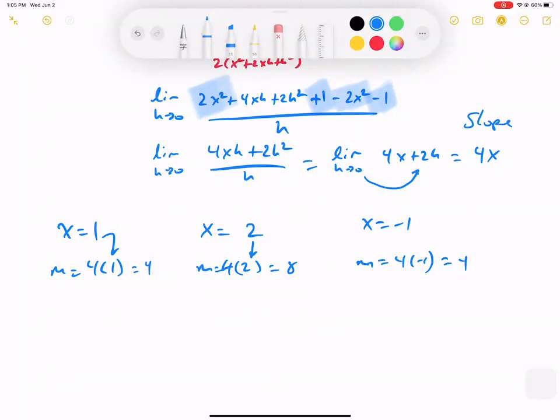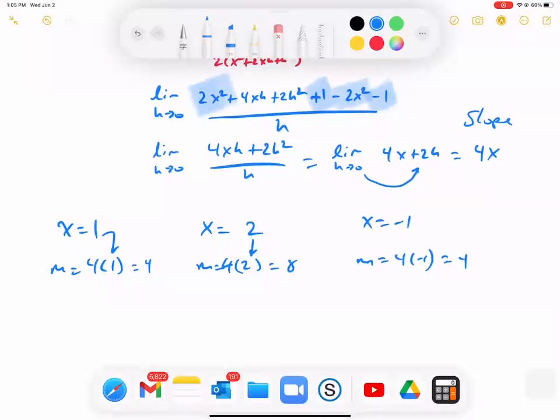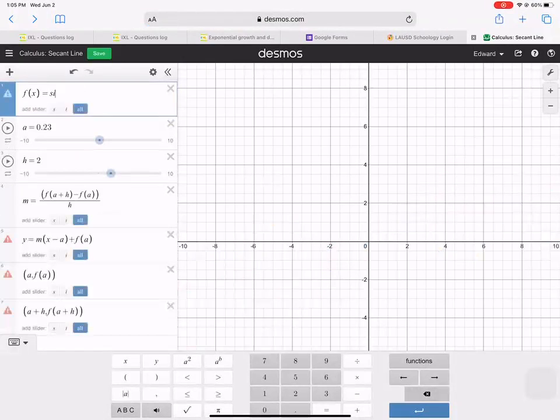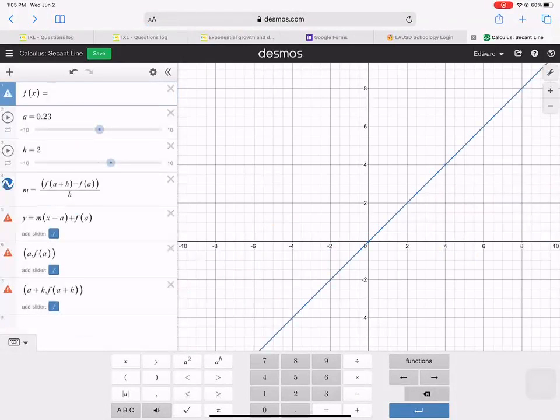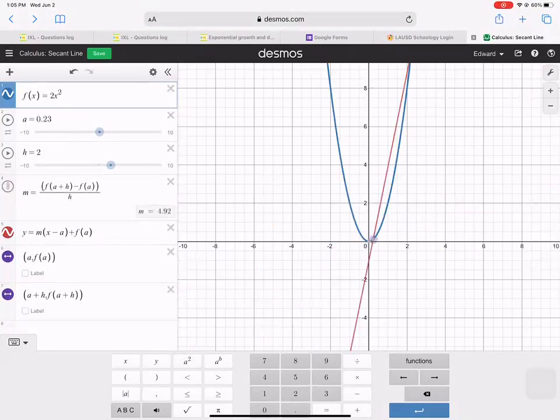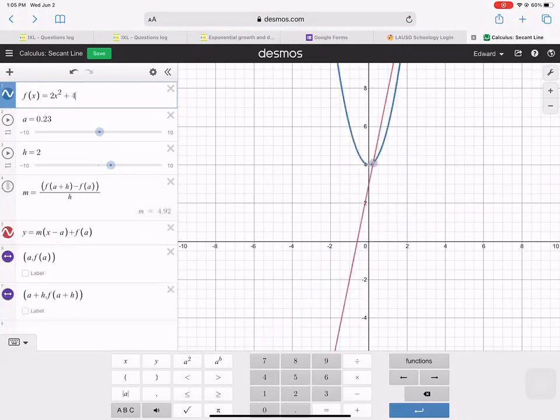So I'm going to show you this real quick on our Desmos graph. We're going to change it to 2x squared plus 4, right? Change that to 2x squared plus 4. Oh, I deleted it already, darn it. 2x squared plus 4. Okay.